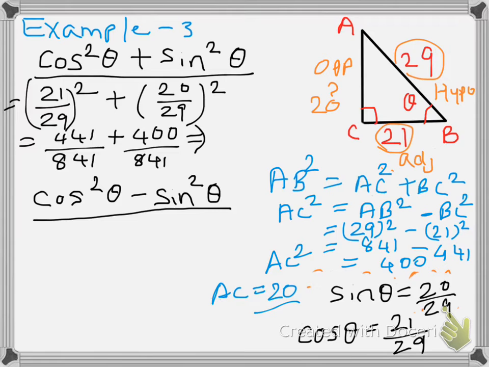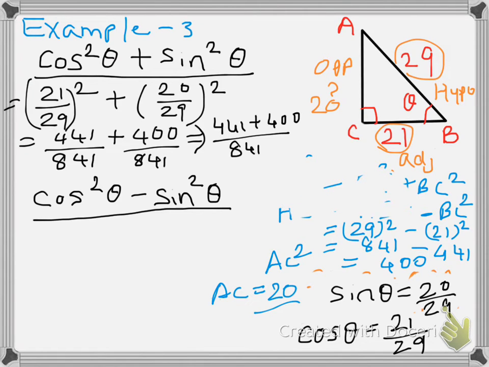Because the denominator is the same, we can rewrite the equation as 441 plus 400 over 841, which is equal to, okay, let's erase some of these formulas here so we can use some room.